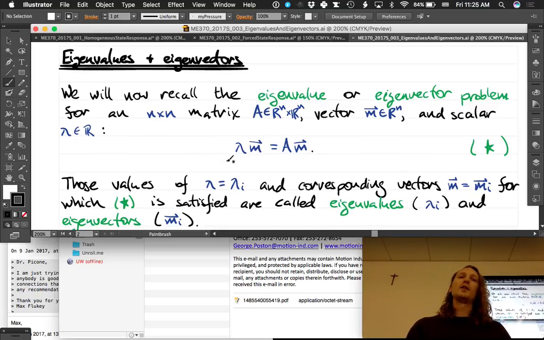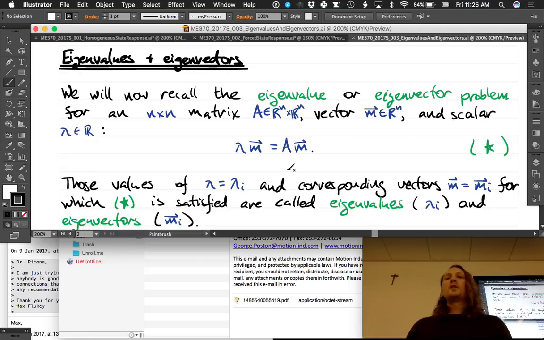So those values of lambda and corresponding vectors m that satisfy this equation are called eigenvalues and eigenvectors. So all lambdas and vectors m that satisfy this are the eigenvalues and eigenvectors of the A matrix.